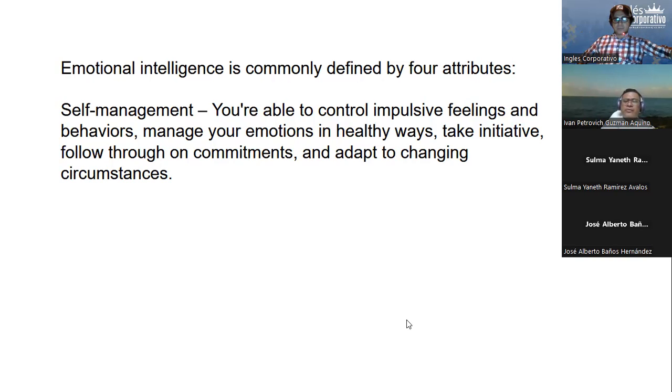Self-management: you are able to control impulses, feelings, and behaviors. Manage your emotions in healthy ways. Take initiative. Follow through on commitments. And adapt to changing circumstances. Okay, what did you understand on this first attribute?